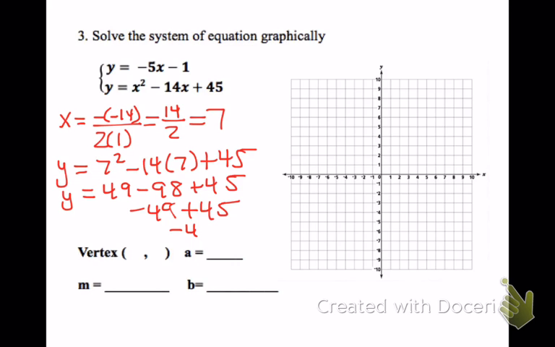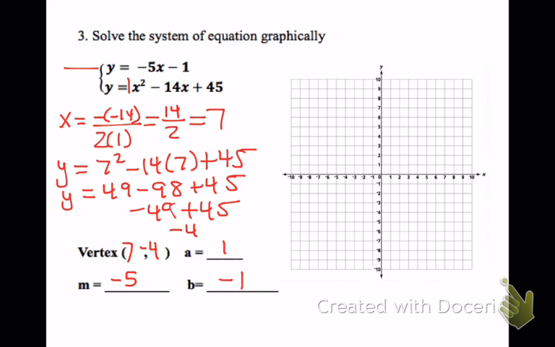So we have our vertex, which is going to be at (7, -4), and my a value for this quadratic is 1. It's an invisible one up front. For my linear equation at the top, I have a slope of -5 and a y-intercept of -1. I'm going to start graphing this. The stuff is going to disappear because I've already got the picture pre-drawn.